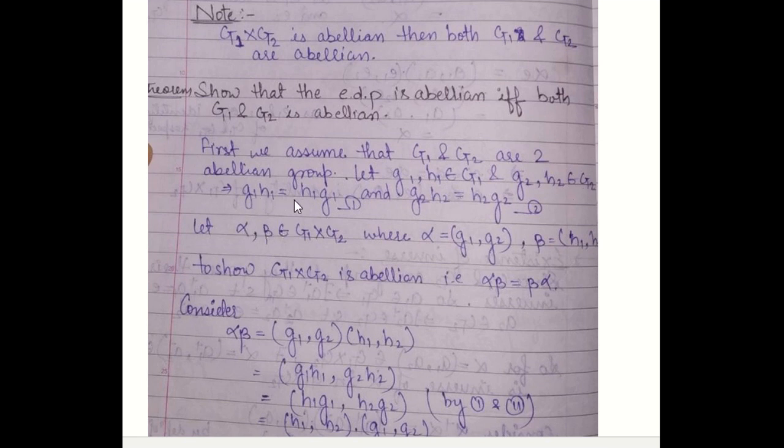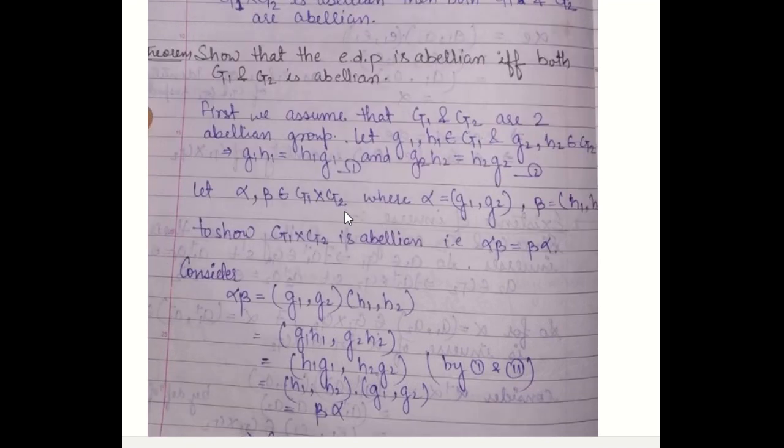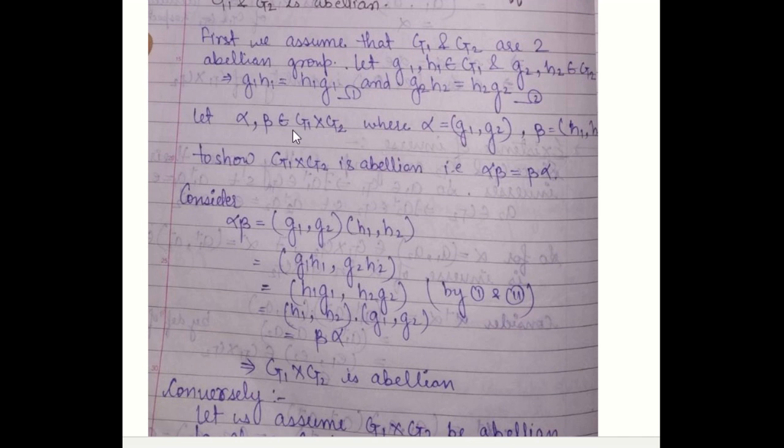So we have to show what? g1 h1 is equal to h1 g1 and g2 h2 is equal to h2 g2, since G1 is abelian and G2 is abelian. Let these equations be 1 and 2 respectively. Now let alpha, beta be any two arbitrary elements of G1 cross G2, where alpha is defined as (g1, g2) and beta is defined as (h1, h2).